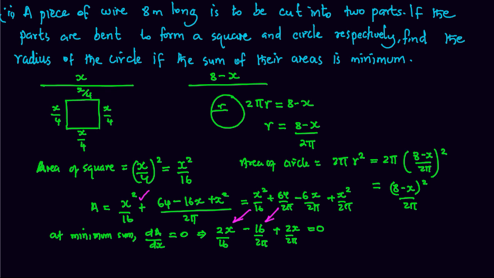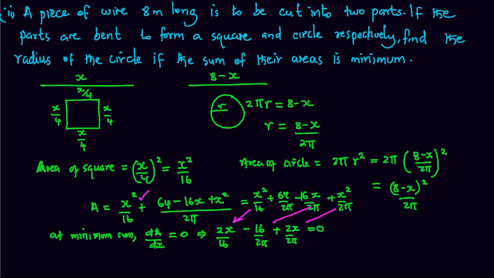Then for the third case, we'll have 16 over 2 pi, then plus 2x over 2 pi is equal to 0.